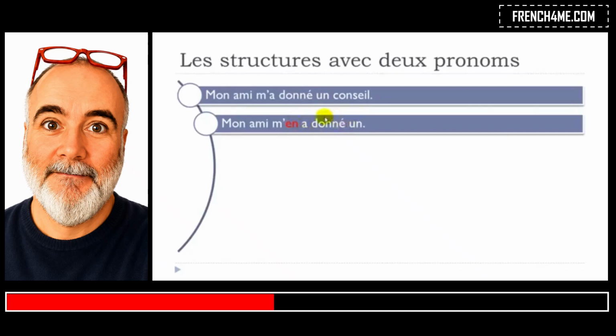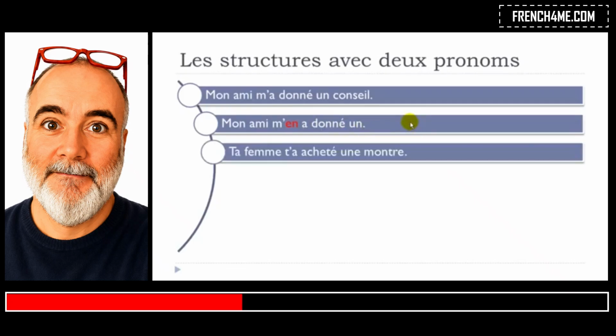You've got two parts because it's composed, so first you've got avoir, and then you've got the participe passé form, but it's only one verb. That's the reason why you put first your pronoun me, and then you put this second pronoun en before avoir, because this is the verb here. So you get mon ami m'en a donné un.